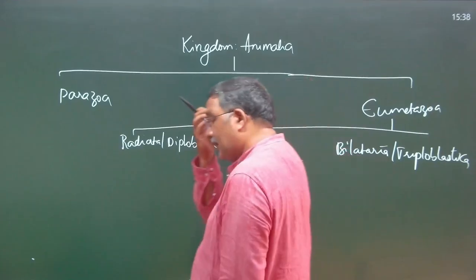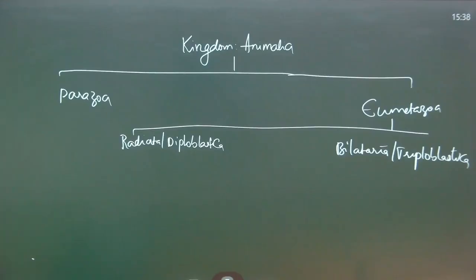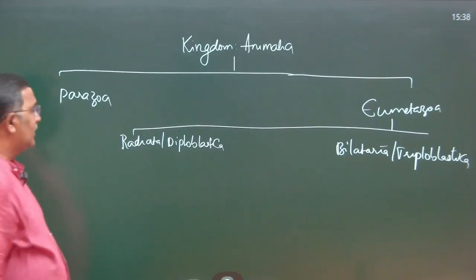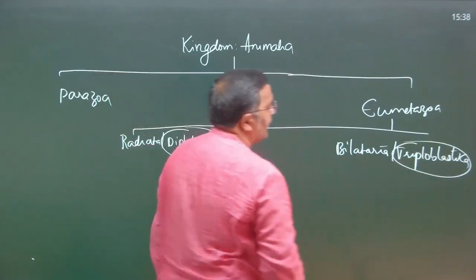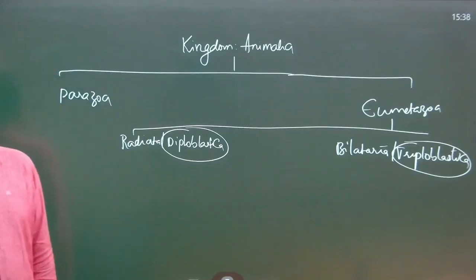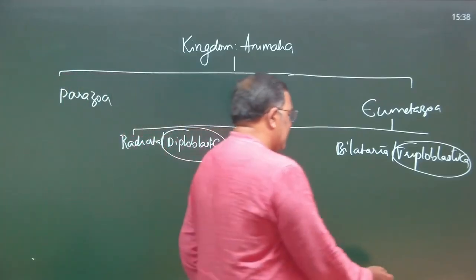Grade Bilateria or triploblastica, grade Radiata or diploblastica. So we are taking this item today: diploblastica and triploblastica. What is diploblastica? What is triploblastica?